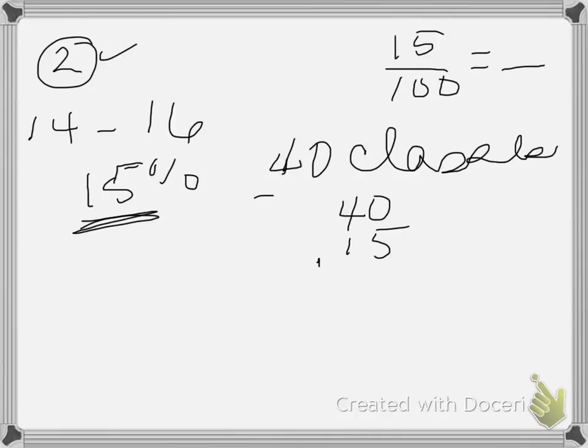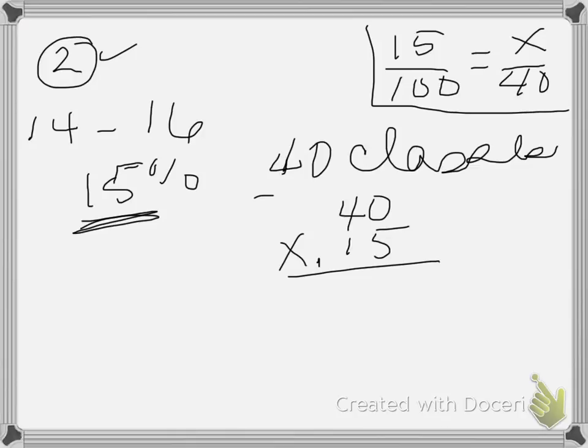When you cross multiply, you get the same thing as multiplying by 0.15, because then I don't have to divide by 100. Okay, hopefully you got that.